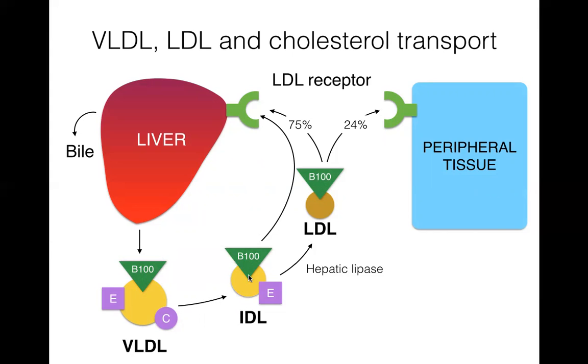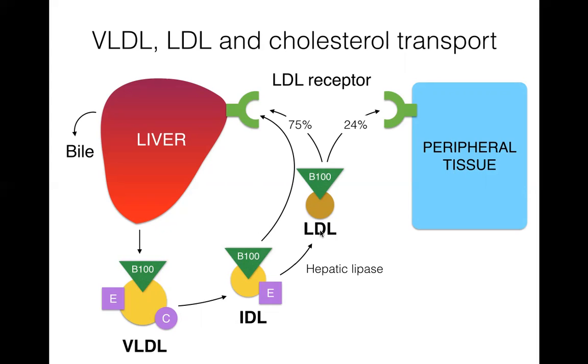As long as it contains ApoE, IDL can return to the liver and be catabolized there. However, if it loses ApoE, it will not be taken up by the liver directly right away, but rather it will be acted upon by the enzyme referred to as hepatic lipase, which takes out most of the remaining triglycerides, leaving only cholesterol behind, converting IDL to LDL.